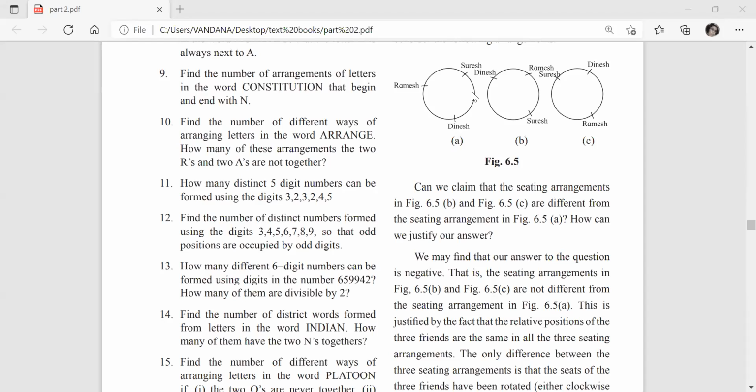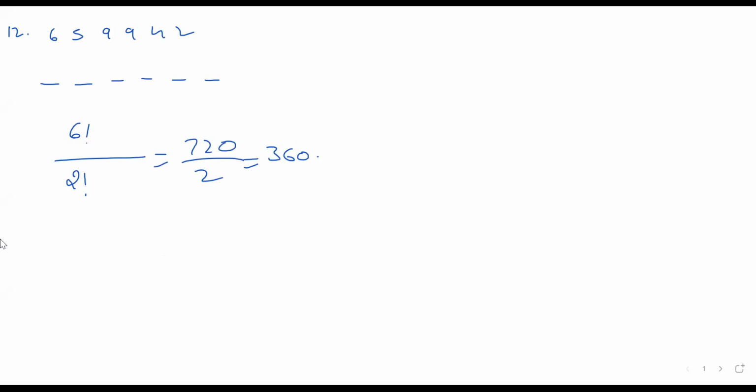How many different 6-digit numbers can be formed? So 6 digits can occupy 6 places in 6 factorial ways. But 9 is alike, so it will be divided by 2 factorial. 720 by 2, your answer is 360.